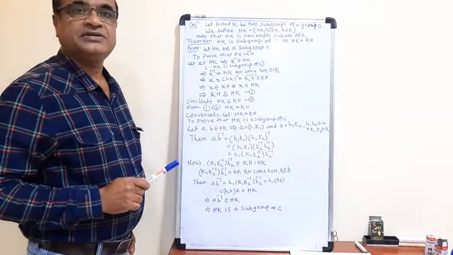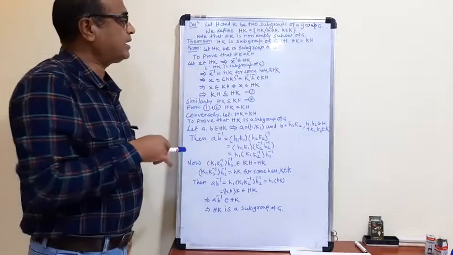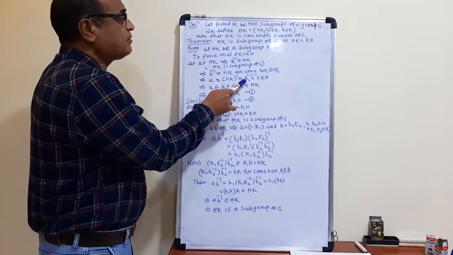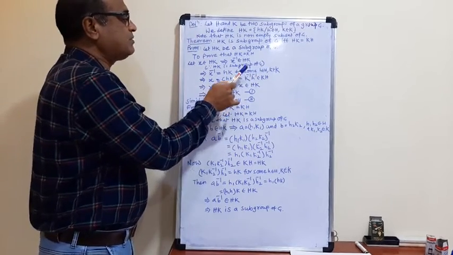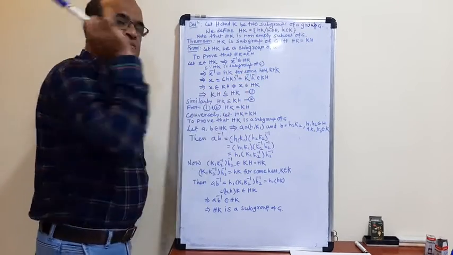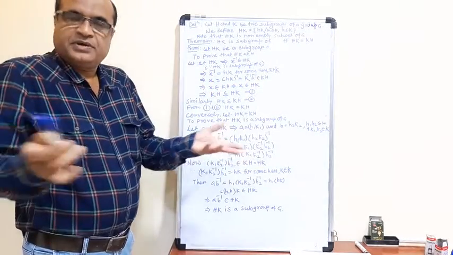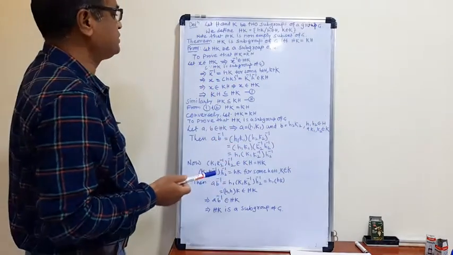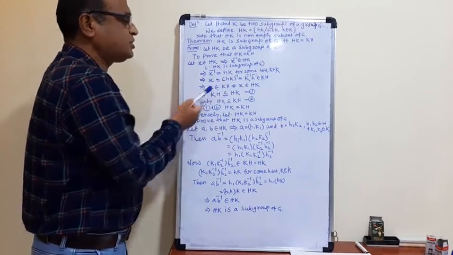Since k belongs to capital K, k inverse belongs to capital K, and h inverse belongs to capital H. So k inverse h inverse belongs to KH, as K and H are subgroups of G. Therefore x belongs to KH.